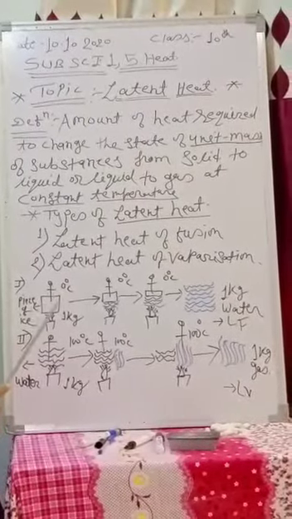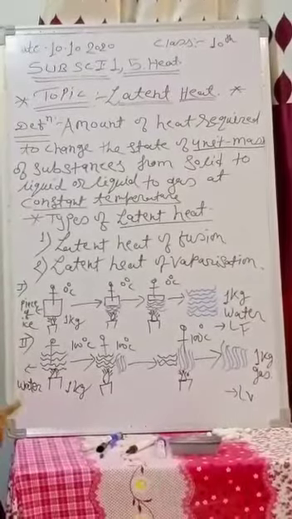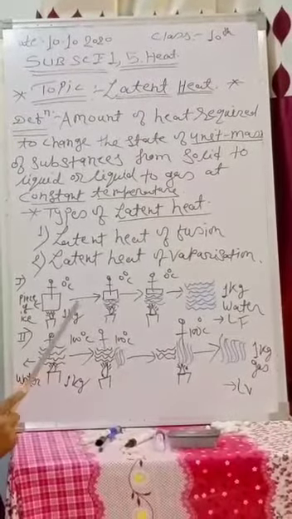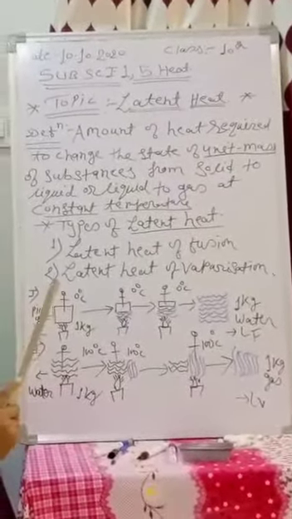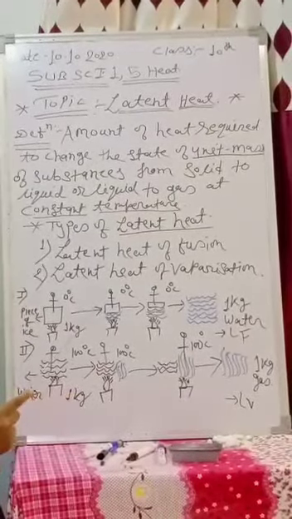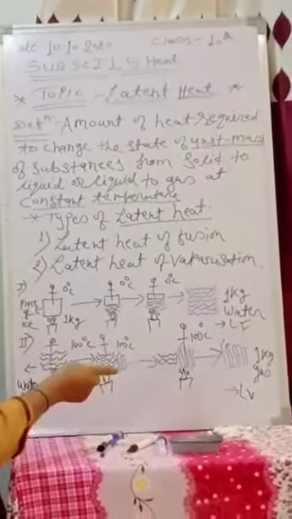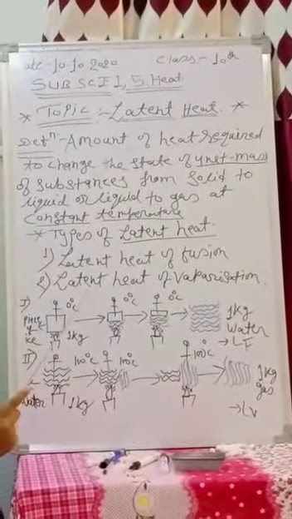Then some part of the water changes into vapors. The temperature is still not changed. More and more water gets converted into vapors. Still the temperature is 100 degree Celsius.